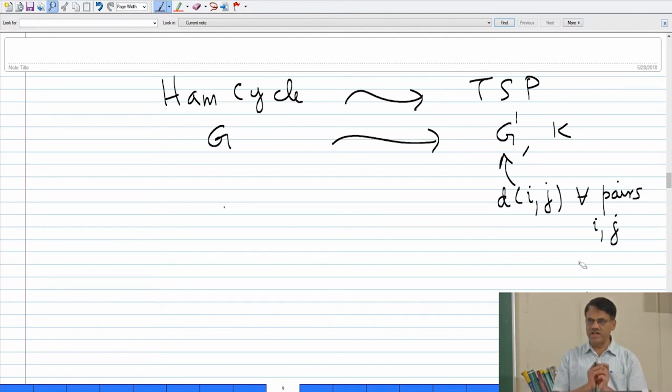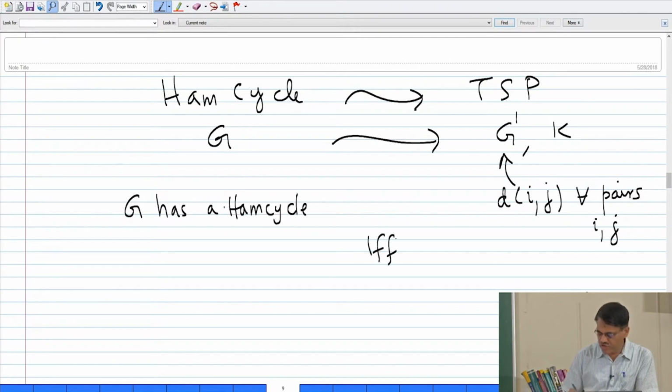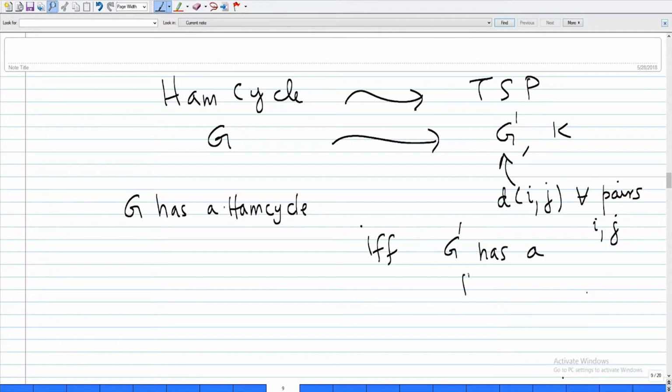So you want to translate, and with what property do I want? What is the property I want in this reduction? G has a Hamiltonian cycle if and only if G prime has a Hamiltonian cycle with total distance at most k.